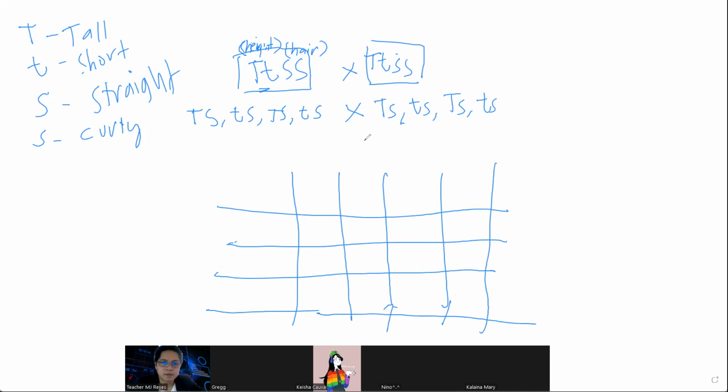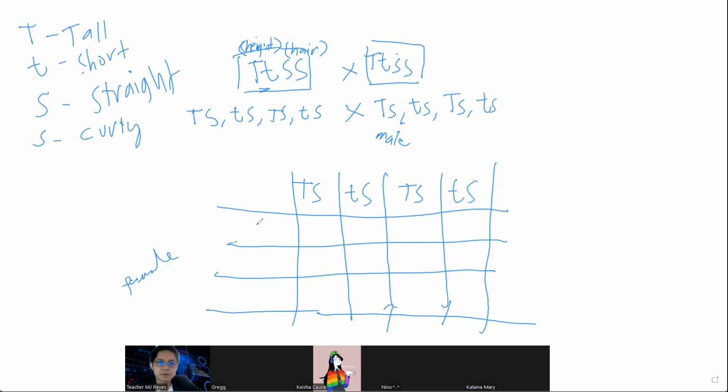We agreed upon that this is male here and this is female here. So for the male we have TS, Ts, all capital TS, small letter t and capital S.